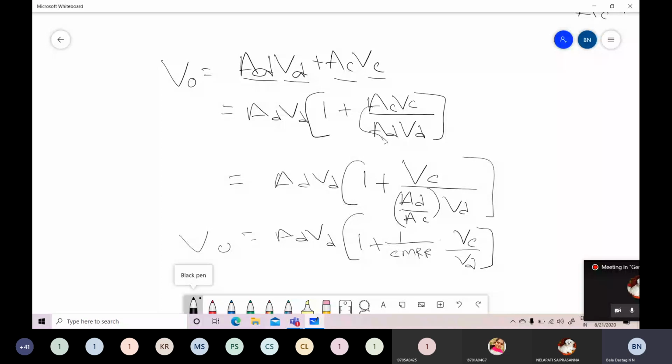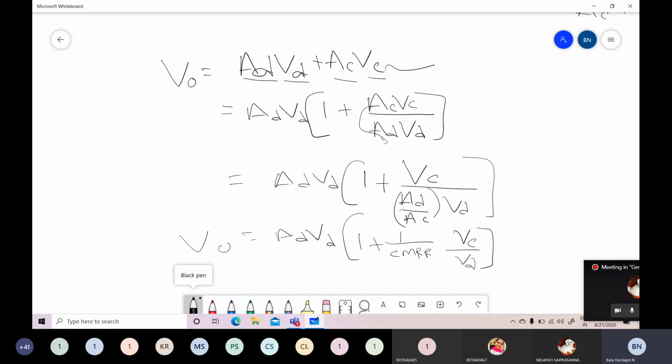First, the output voltage V0 is equal to AD into VD plus AC into VC. From this, we take AD into VD common, so the equation can be written as 1 plus AC into VC divided by AD into VD. If you bring the AC down here, it becomes VC by AD by AC into VD.